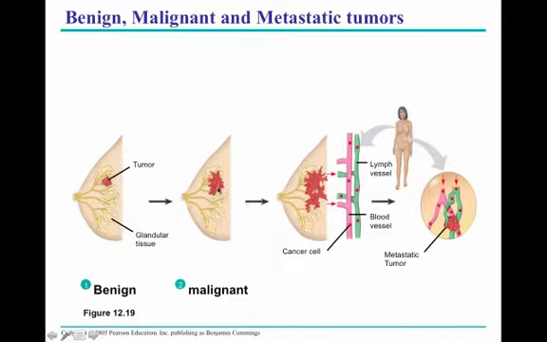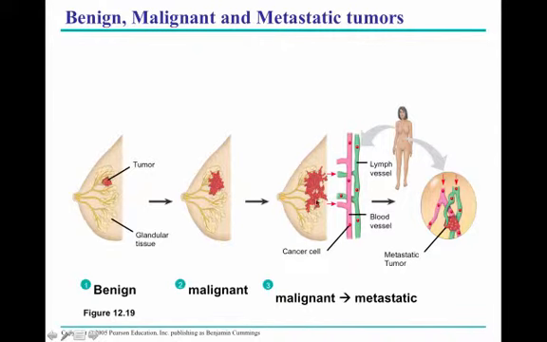Now, the malignant tumor can develop further if left undetected and start to break off pieces of it, cells in particular, and move through the blood vessels or the lymph system and travel to other organs. This is called metastasis, or the tumor metastasizes.